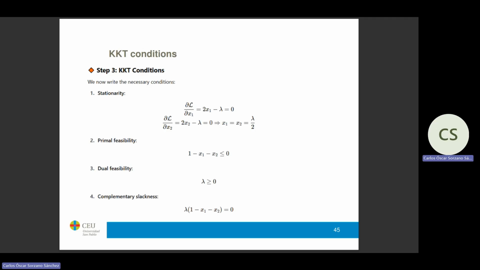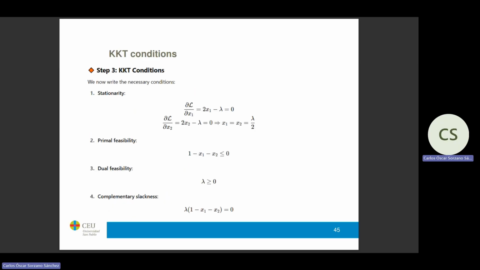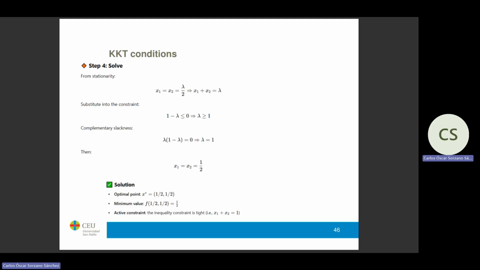So x1 plus x2 is lambda. So then here what I have is lambda times 1 minus lambda. Also in the constraint we have x1 plus x2, so 1 minus lambda is smaller than or equal to 0. That means lambda is larger than or equal to 1.